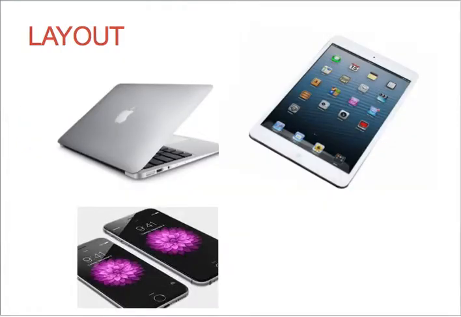Okay, so then we're going to talk about the layout. Right now on the market for web browsing, we have three major devices: laptops, tablets, and cell phones. For each device, the size of the screen is different. So sometimes when you're looking at a website using your cell phone, you'll probably notice that the words on your cell phone are extremely small.